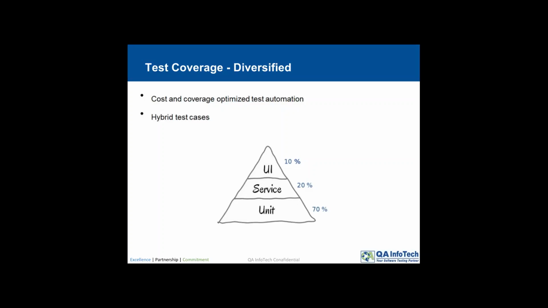Now by hybrid test cases, we mean a set of tests that target the application not only at the UI level, but also at the service level and the unit level. Automating a high number of unit tests essentially means that we need not wait for the application UI to be available for creating a test suite.